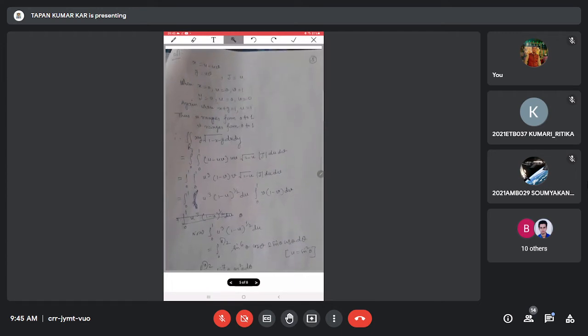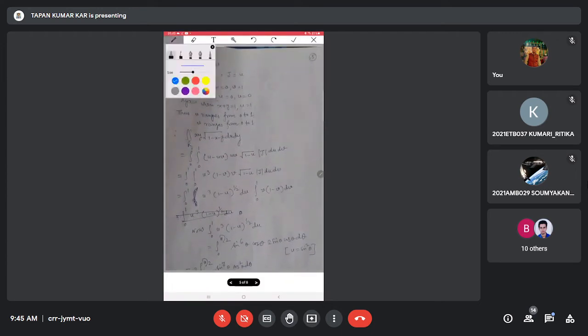Another problem. It is also chosen because here the transformation is x equal to u minus uv, y equal to uv.